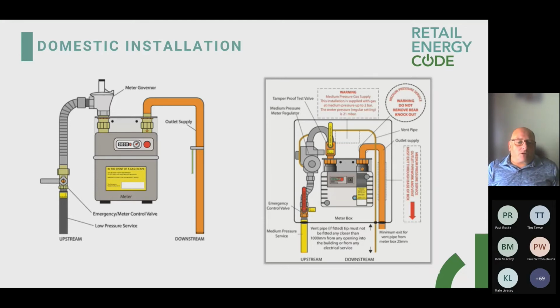So whenever we're talking anything upstream of that valve, what we call the ECV, the emergency control valve, that will belong to the distribution network, so the gas distribution network operator, up to the point where it goes into the national transmission grid.